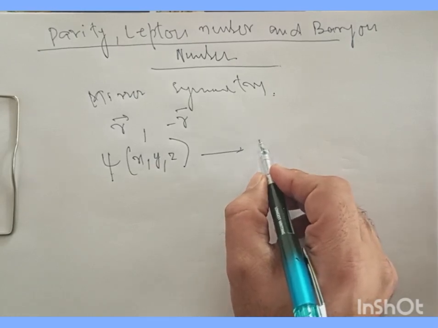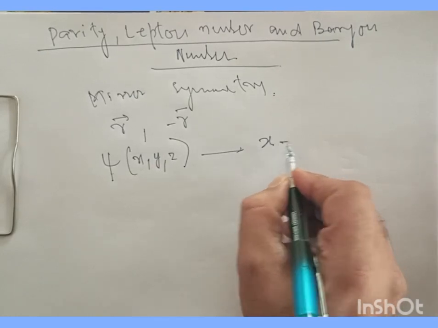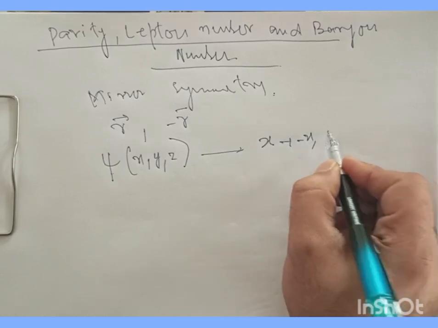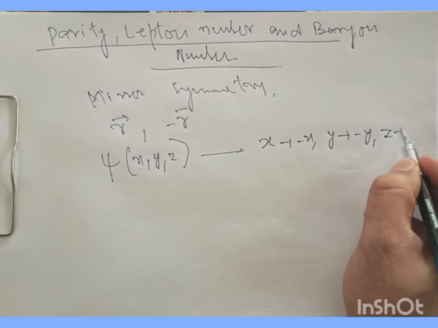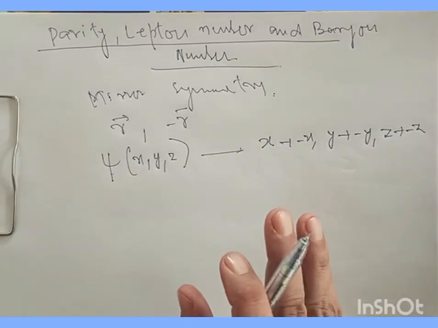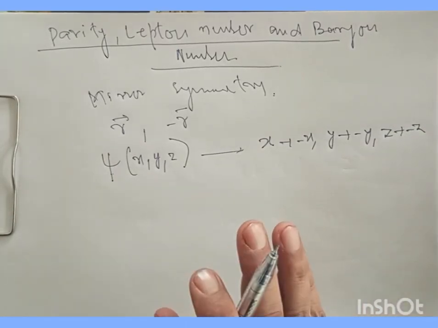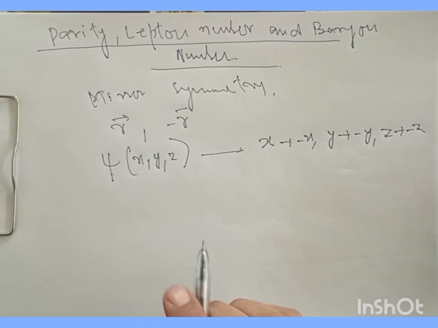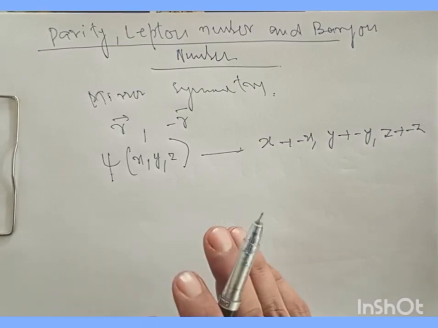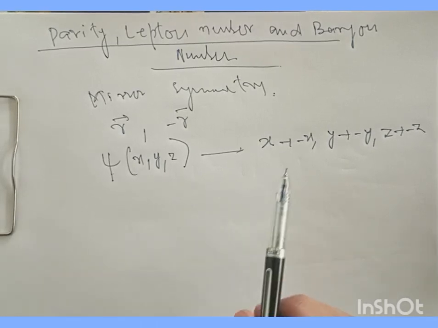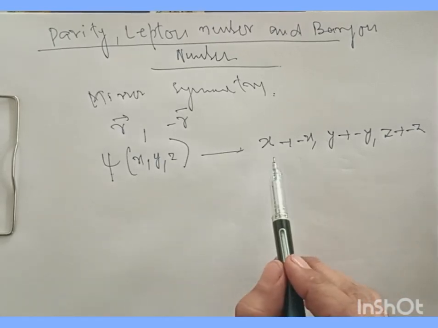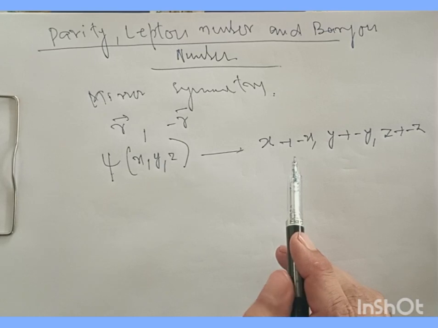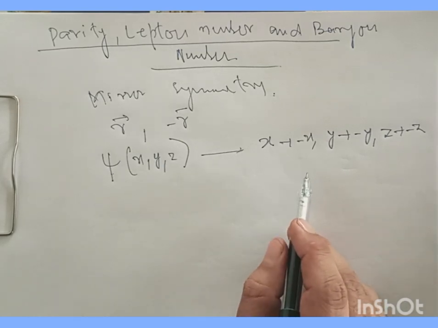I mean, reflection of x to minus x, y to minus y, and z to minus z. But the point is simultaneous. So the parity of this wave function demonstrates its behavior under the simultaneous reflection of space coordinates x, y, and z.